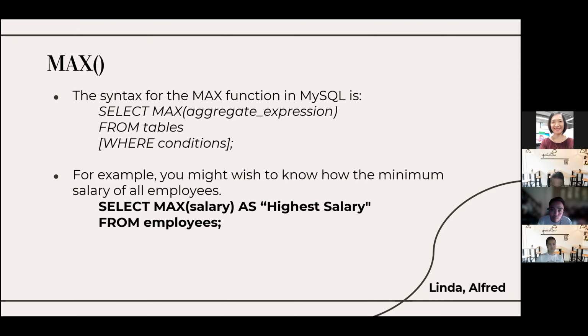Max function. It's just the opposite of what I discussed a while ago. We use this to find the maximum. Again, let's say I have 5,000, 4,000, 2,000.